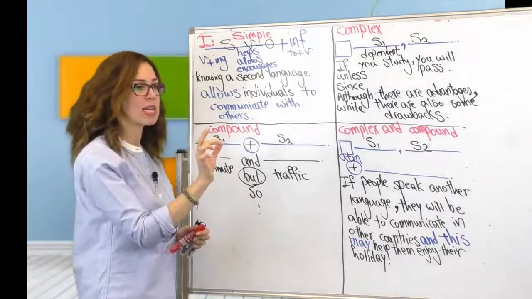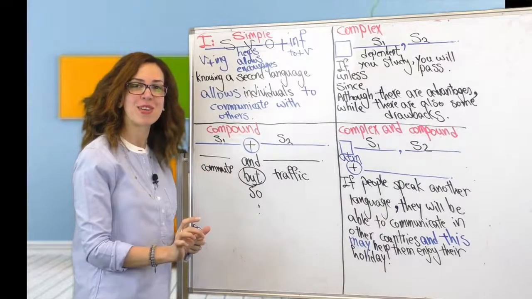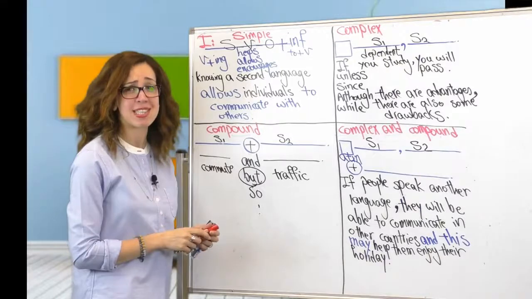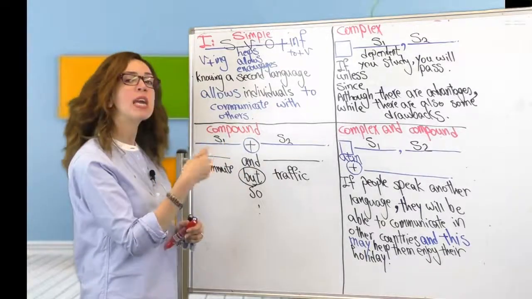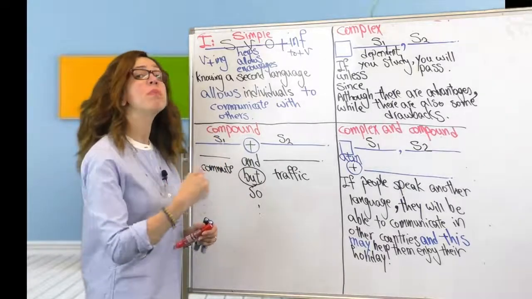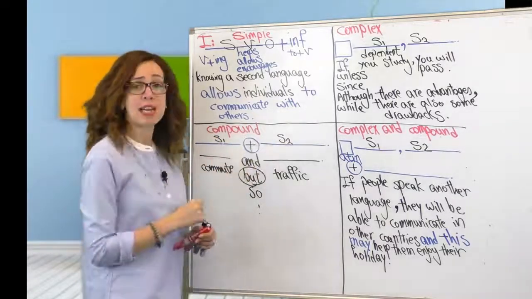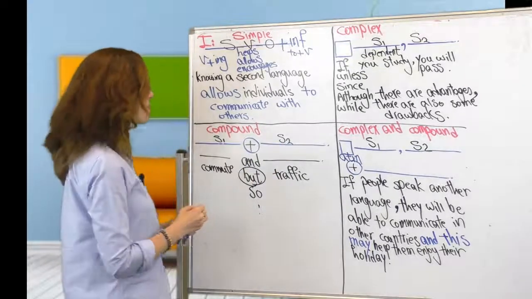Don't say "knowing another language," "knowing another language," "knowing another language." You can see that it's quite repetitive. So think about ways to replace it, like "being able to speak another language," "communicating in a second language." You have got synonyms that you can use.